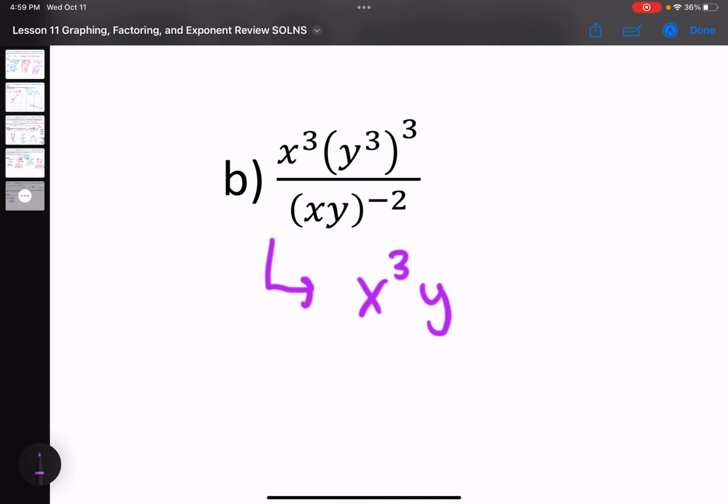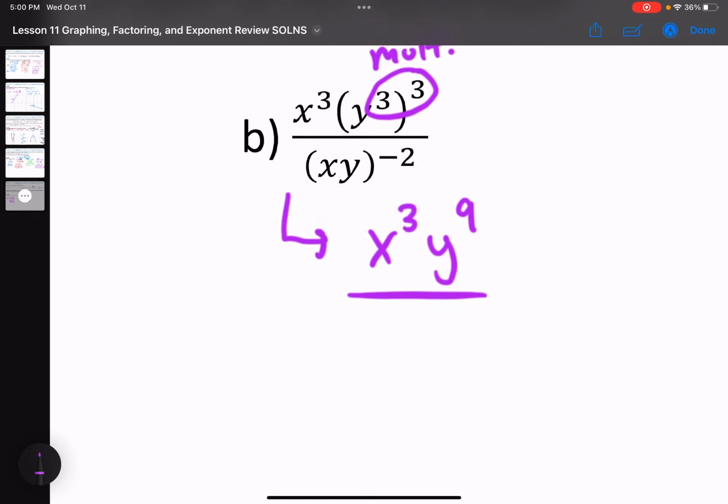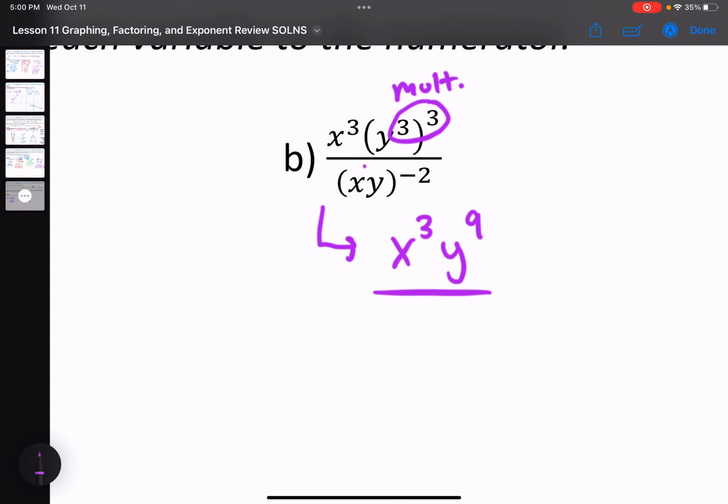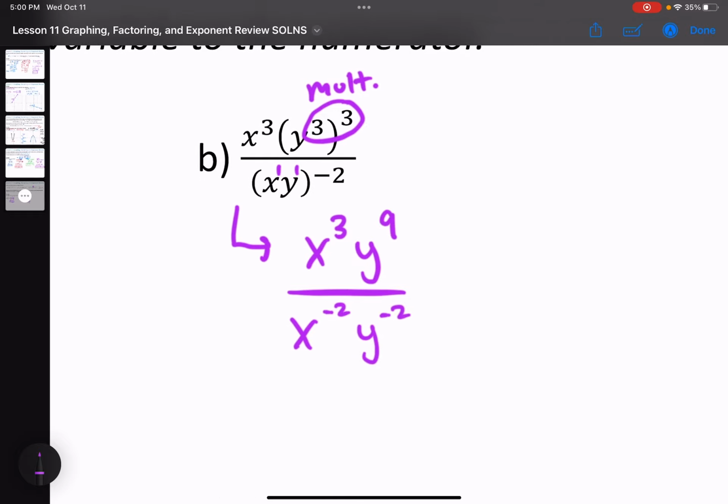So this becomes y to the power of 9, because you would multiply a power raised to a power. This is going to be over x to the first power and y to the first power, and these are also raised to powers. So this would be x to the power of negative 2 and y to the power of negative 2.